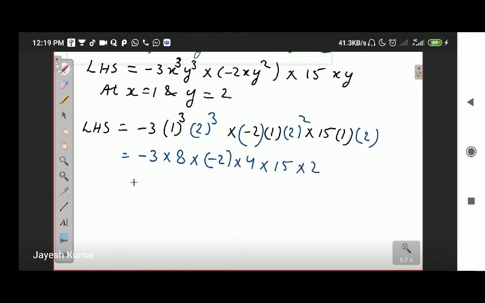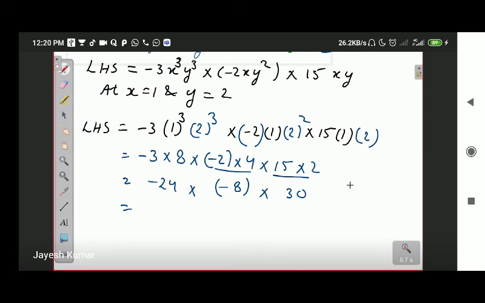Okay, so let's see, this will become minus 3 into 15. Let's see, 15 2s are 30, 2 4s are 8. This will be minus 8, and the first term will be 3 8s are 24, minus 24. Okay, so I get 576.